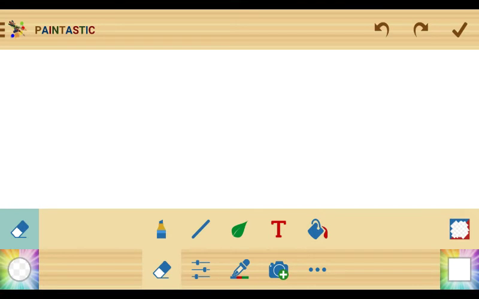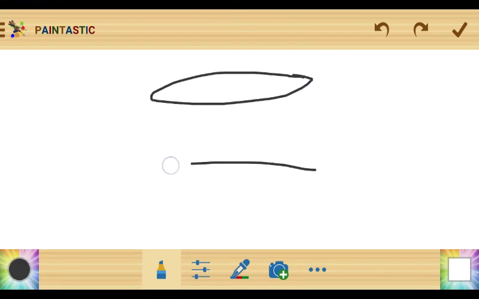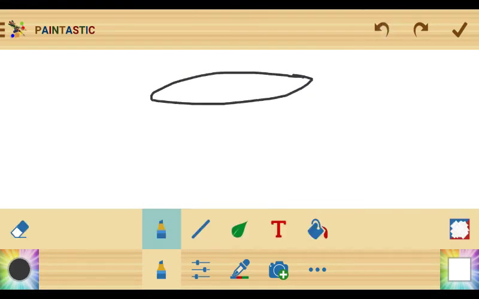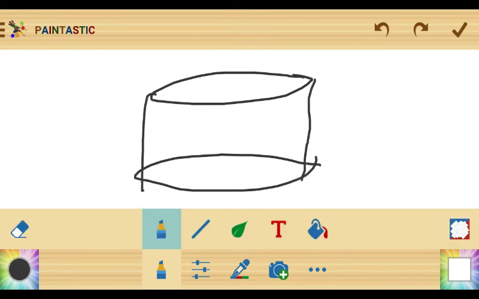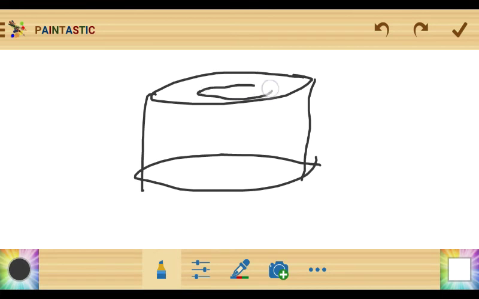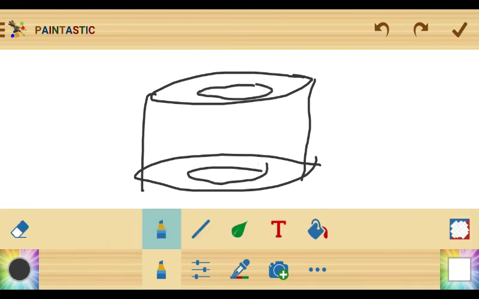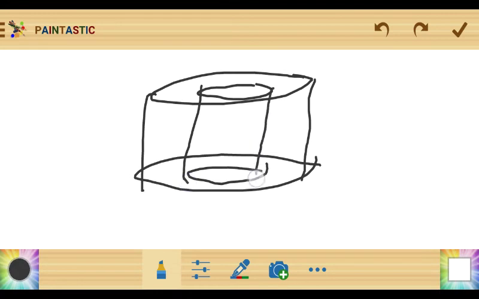Now let us find the capacitance of a cylindrical capacitor. So how to draw a cylindrical one? We have to draw the cylinder. A cylindrical capacitor also has two cylinders, one inner and one outer, just like two spheres.